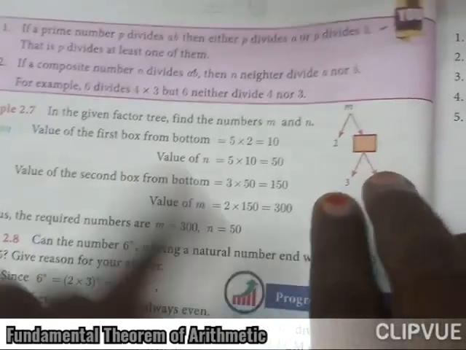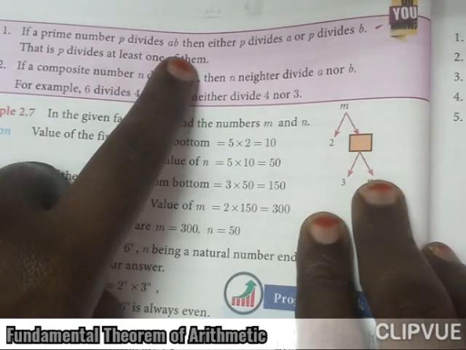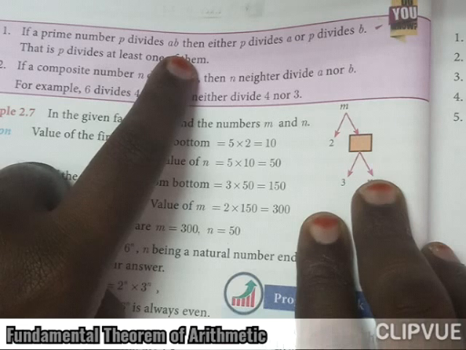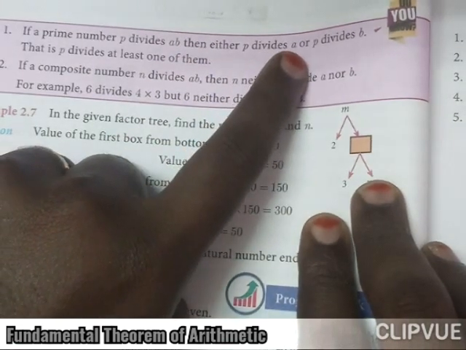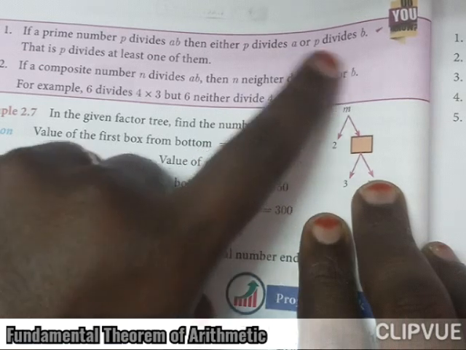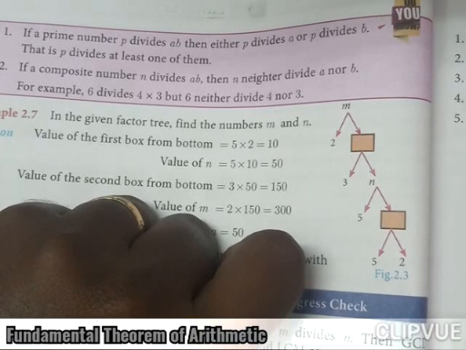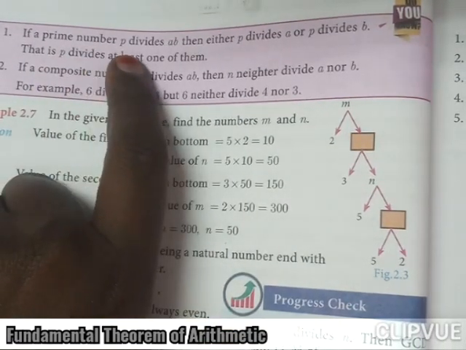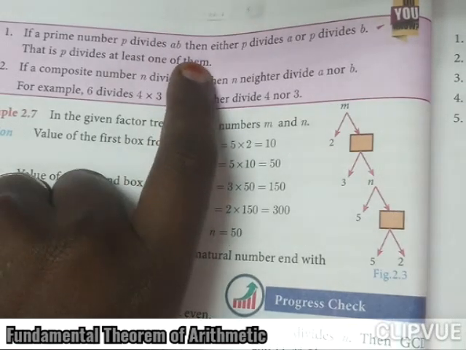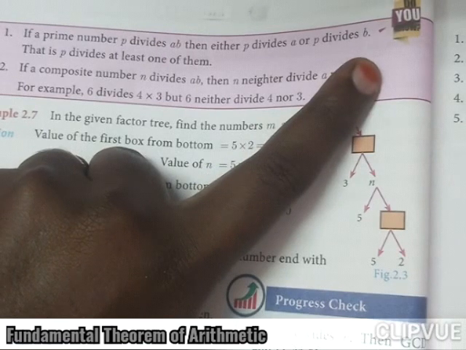The first one: if a prime number p divides ab, then either p divides a or p divides b. Listen carefully. If a prime number p divides ab, then either p divides a or p divides b.